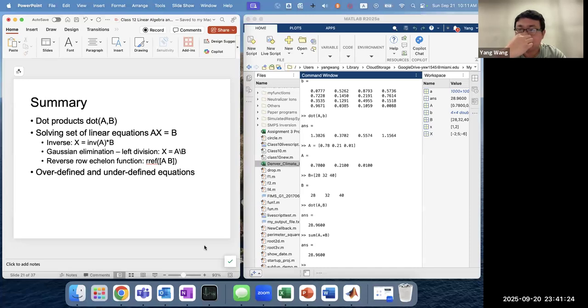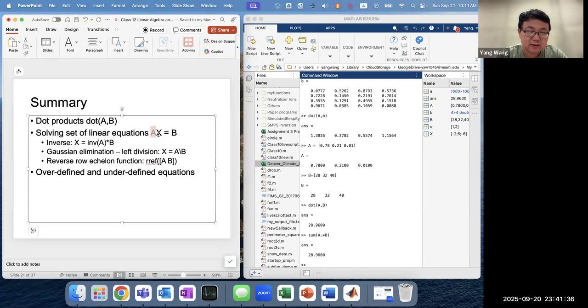So I would say that's it for the section related to linear algebra. We talked about the dot products at the end, and then we talked about solving sets of linear equations, AX equals B. Note here that I should probably use bold to indicate that these are matrices and arrays.